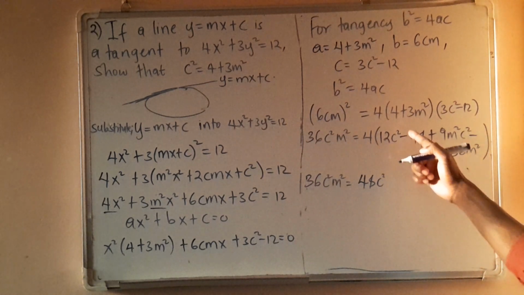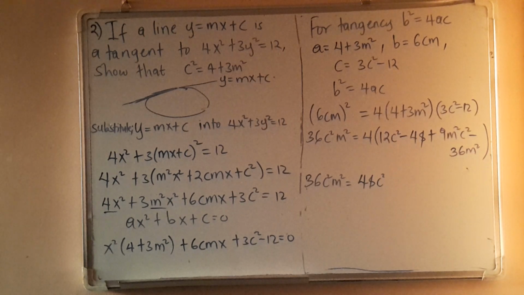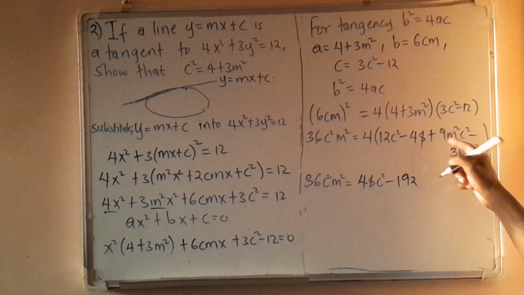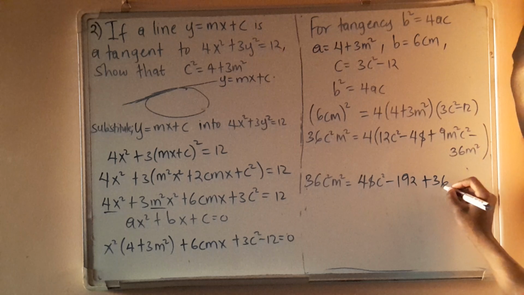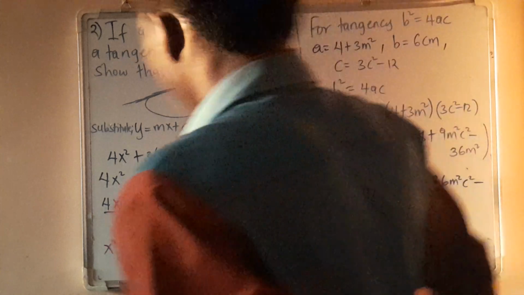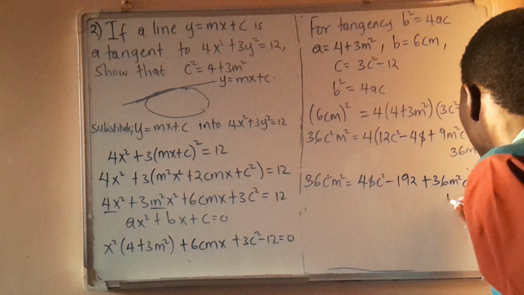Then 4 times 48 is 192, minus 192. Then 4 times 9 is 36m squared c squared, then minus 4 times 36, 144, minus 144m squared.